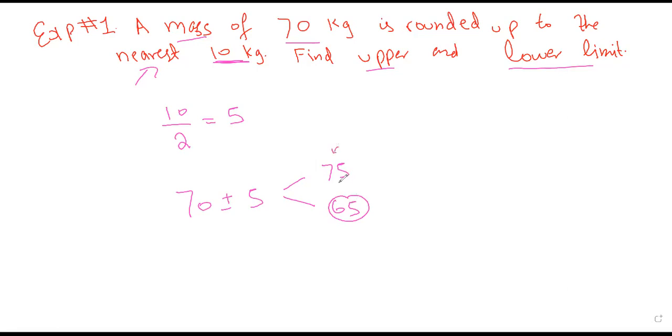And 75 is the smallest value, which when I round up, I get the next estimated value, that is 80, okay? So the lower limit is 65 and the upper limit is 75. Okay, and obviously we will write it this way.